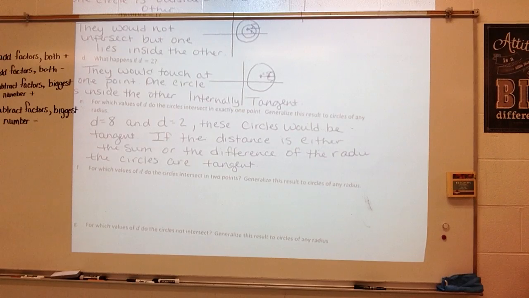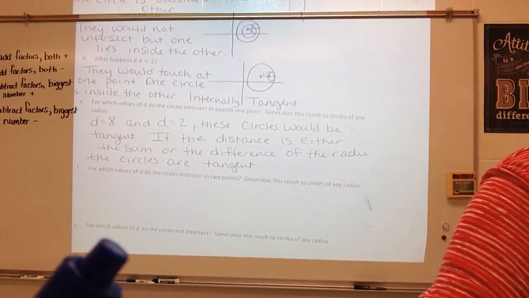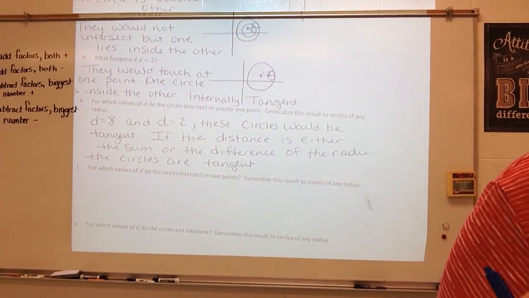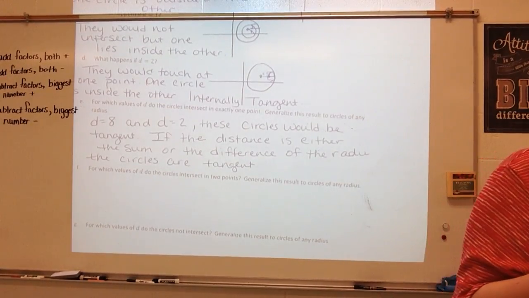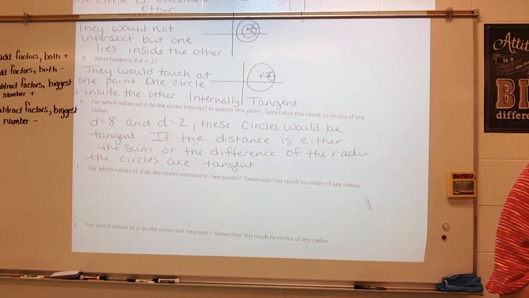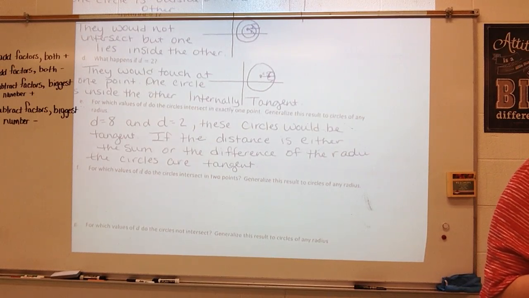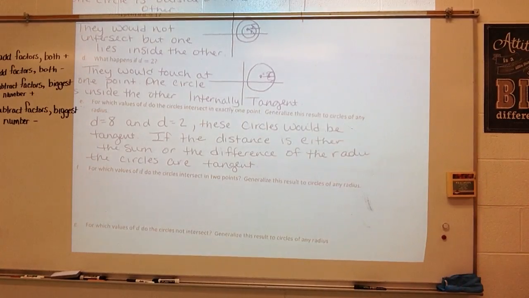Alright, so the radii of the two circles were 5 and 3. So 5 plus 3 was 8. Alright. Then if I looked at the difference, 5 minus 3 was 2. So if it's the sum or the difference of the two radii, then we are going to have tangent circles. Alright?